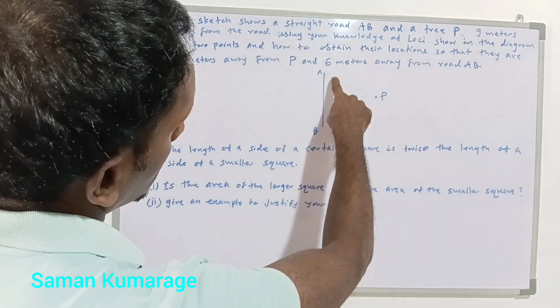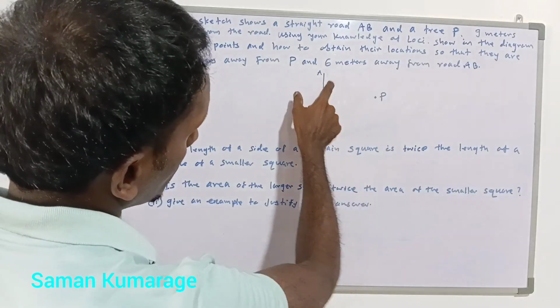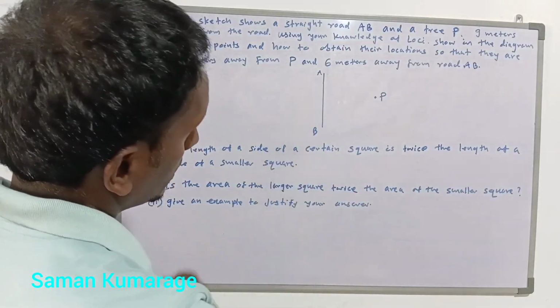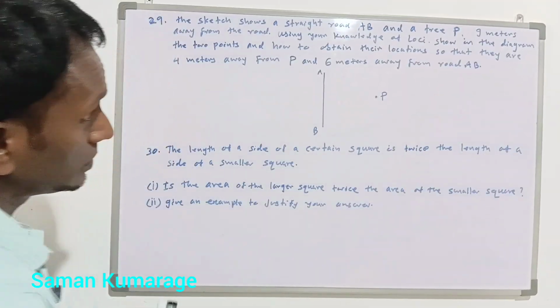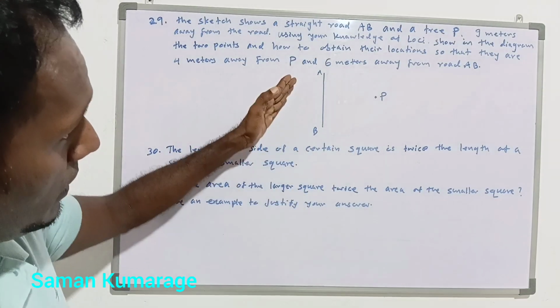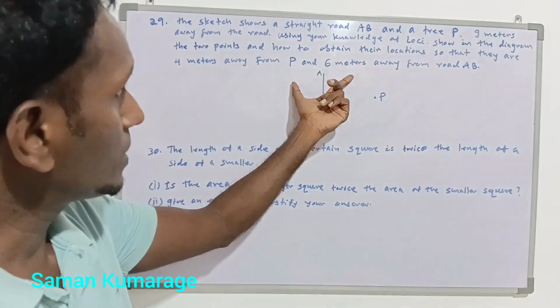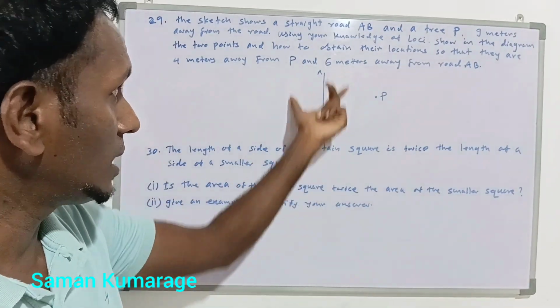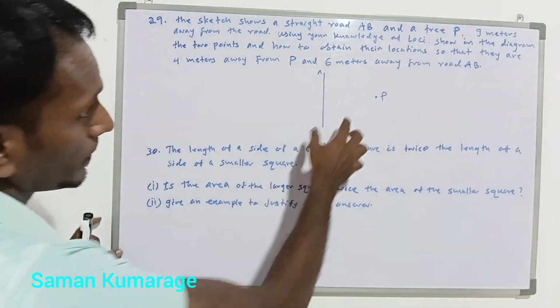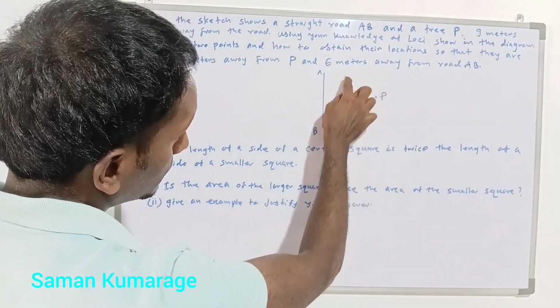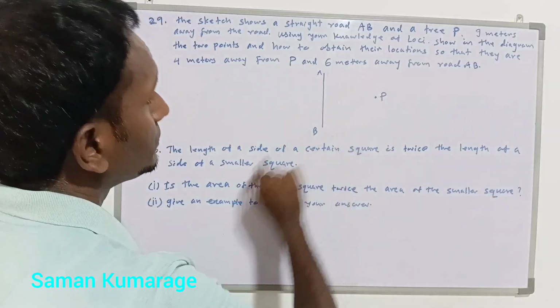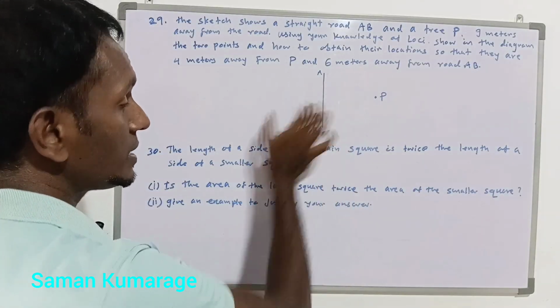Again, a locus with respect to a given straight line we can identify as a pair of parallel lines, located equidistantly.